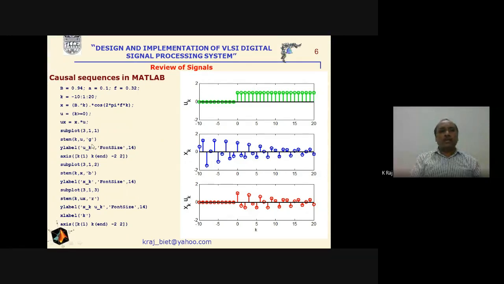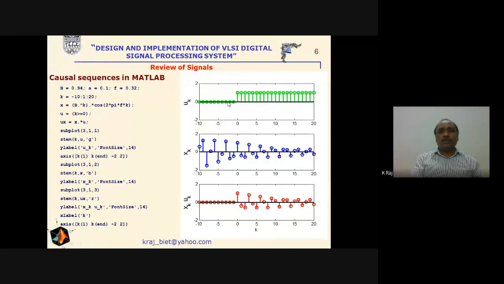So if we write here 3 1 1, it means the first space will be utilized. Among the 3 rows, the first row will be selected, and for that one we will generate the stem function of k and u, and on the y level we will write the uk, and the font size is 14.